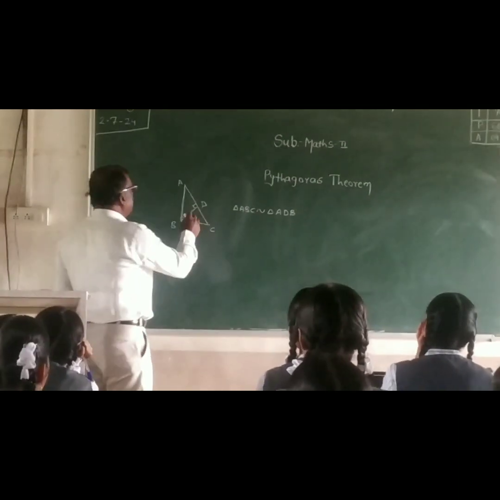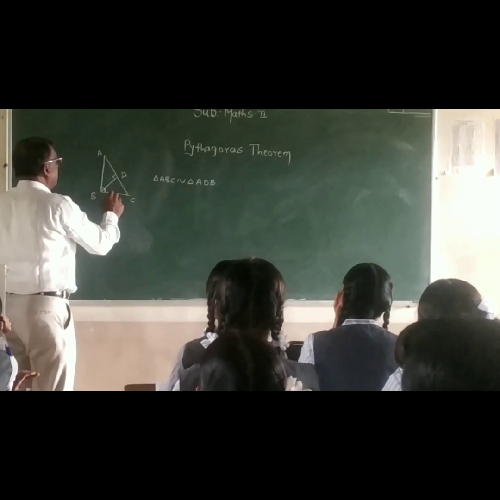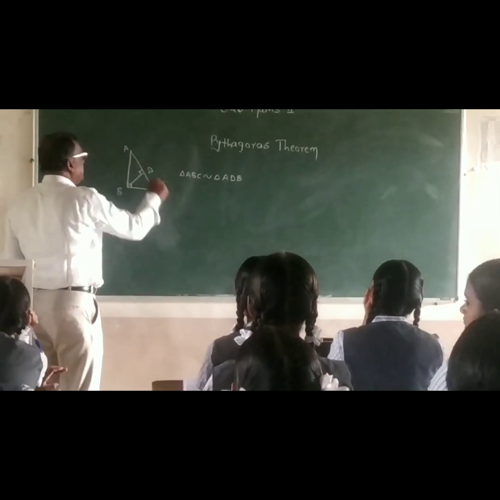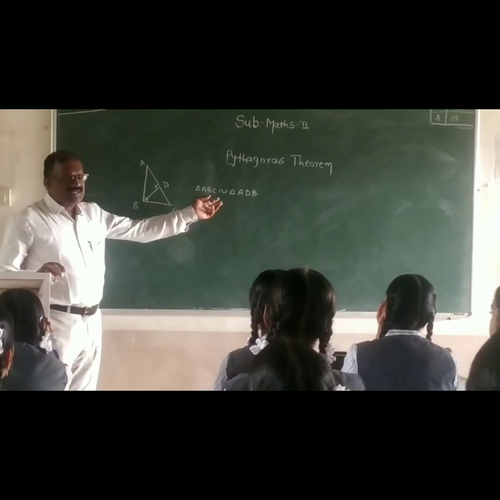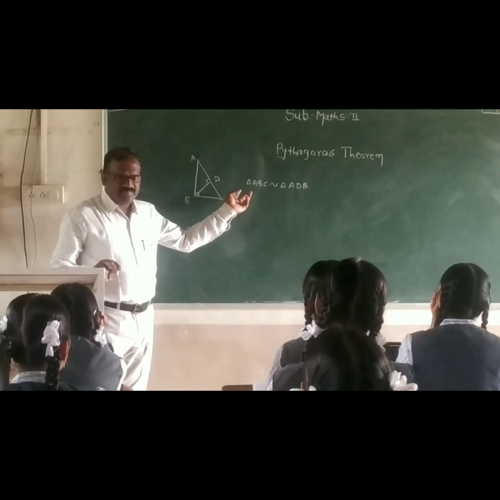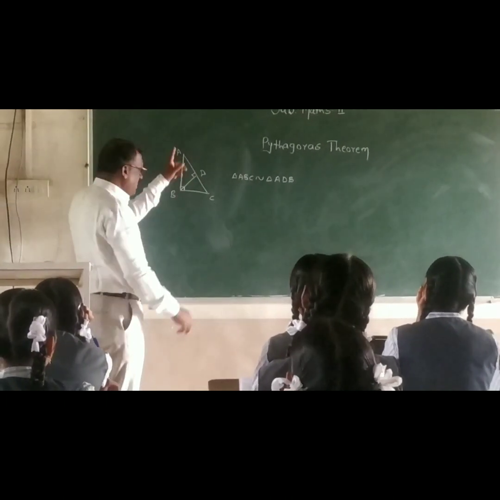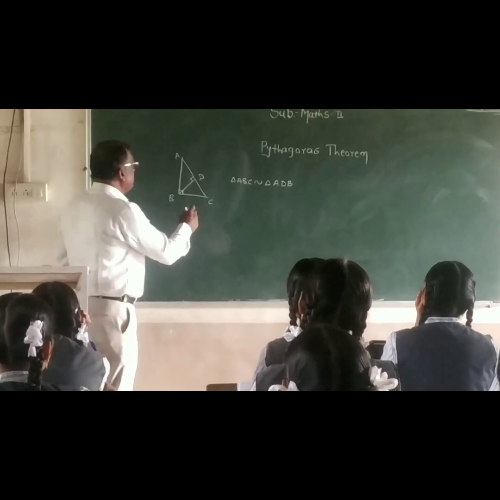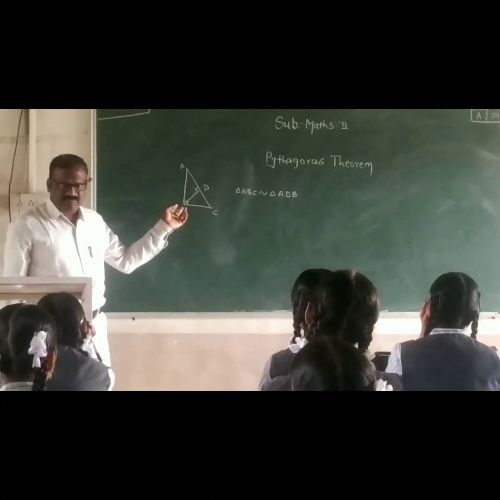Then angle BAC is common. So according to the AA test, these two triangles are similar to each other. The same happens with the original triangle ABC and the new triangle BDC, which are also similar according to the same test.